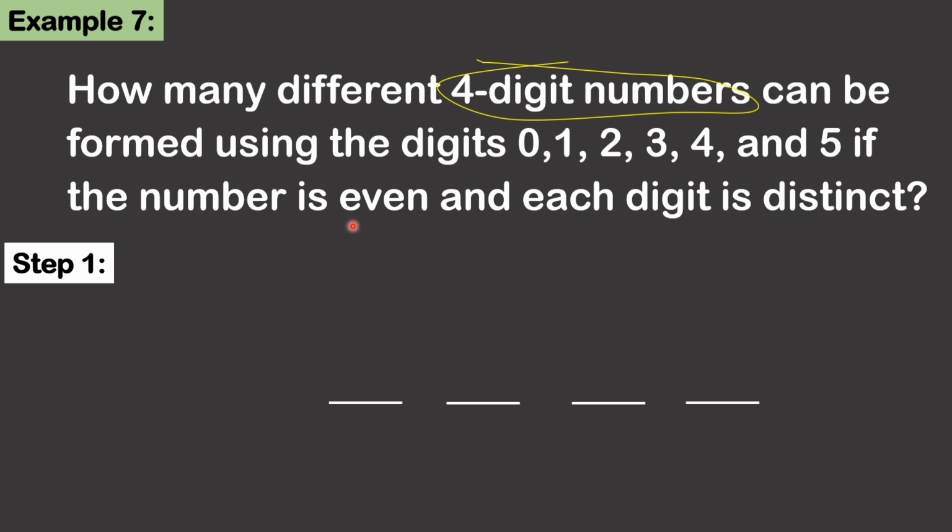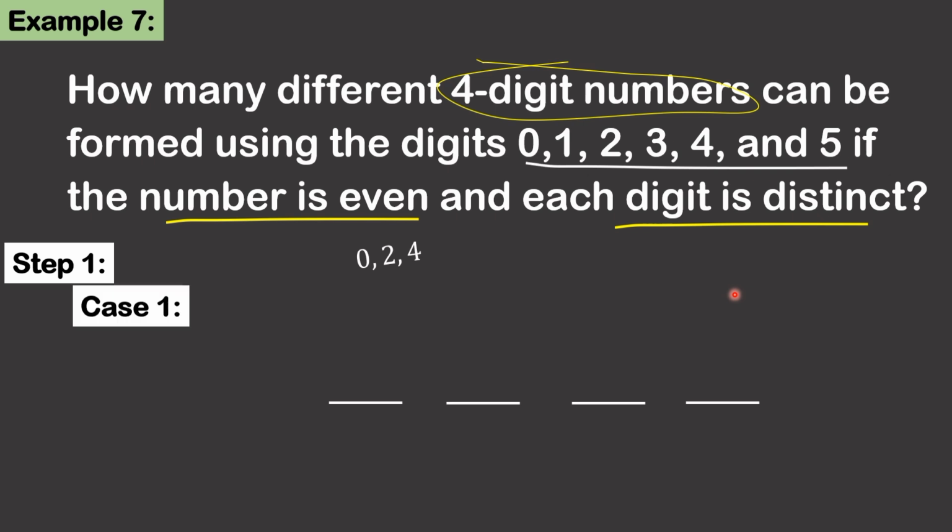Since the number is even, we will start choosing the last digit. The digits that are even are 0, 2, and 4. There are 3 cases.